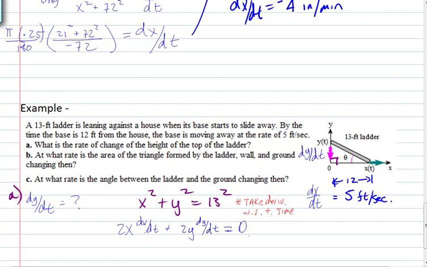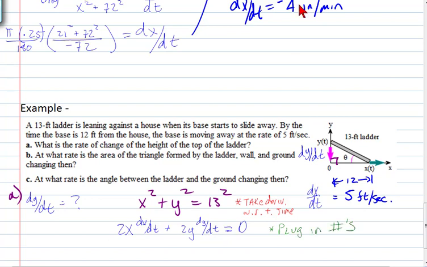Wasn't trying to trick you. I just want to see if you remember the derivative of a constant is 0. Okay? All right, we know dx dt, right? We also know a number for x, don't we? So now at this point we're going to plug in the numbers that we know.